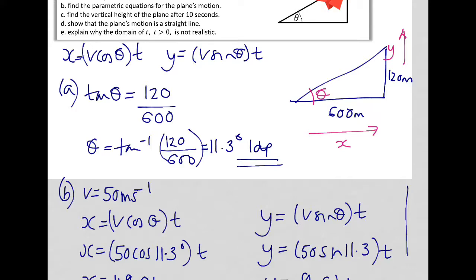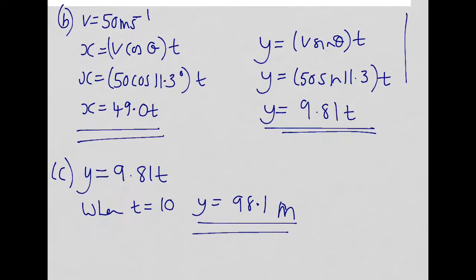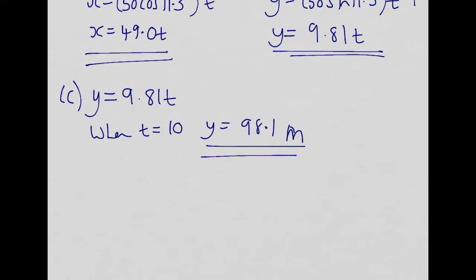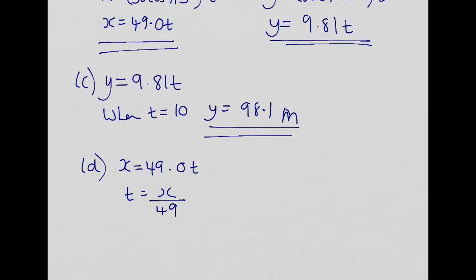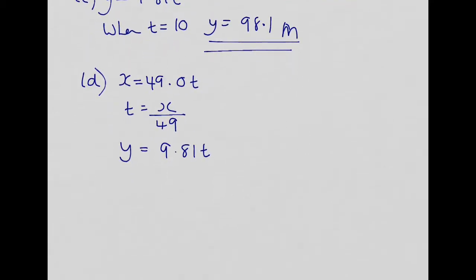So D. Well, I know that x equals 49.0t. So therefore t equals x over 49. So if t equals x over 49, and I know that y equals 9.81t, then y is equal to 9.81 multiplied by x over 49.